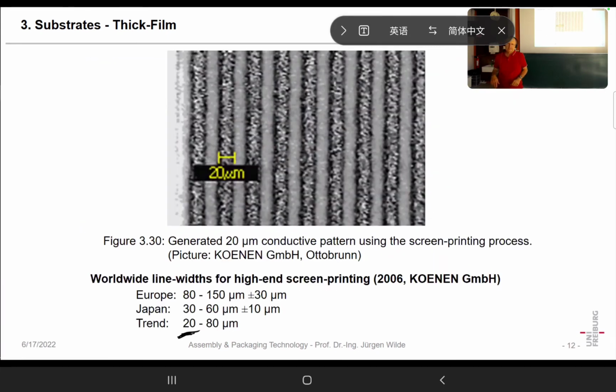Okay, so in screen printing, in such applications, we can have conductor width or conductor clearance down to 20 micrometers. Unfortunately, the finer the pitch is, the higher is the probability that we do some mistake in the printing, and then we have some printing defect.